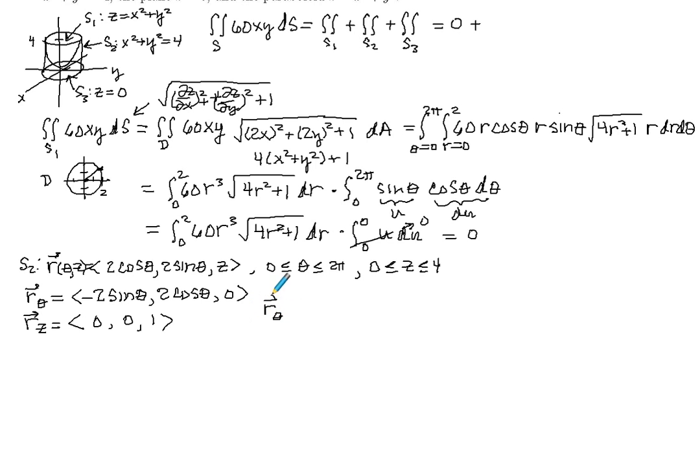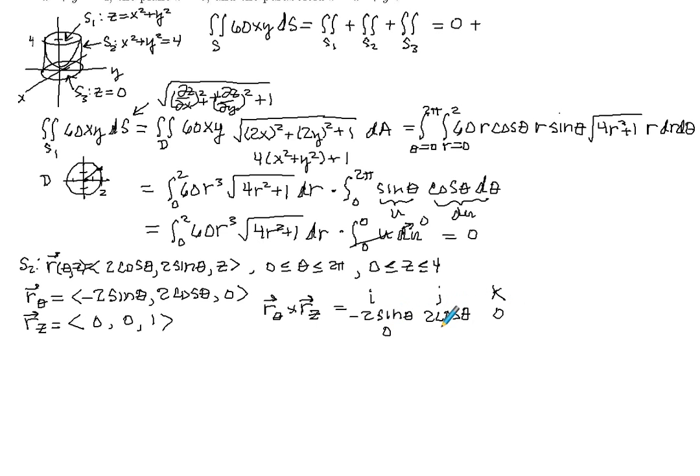So we need r_theta cross r_z. We've got i, j, k, then r_theta in the next row and r_z in the last row: negative 2 sine theta, 2 cos theta, and 0, and the last row is 0, 0, 1.